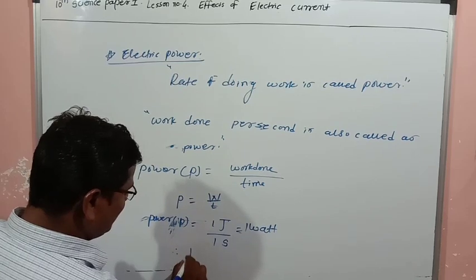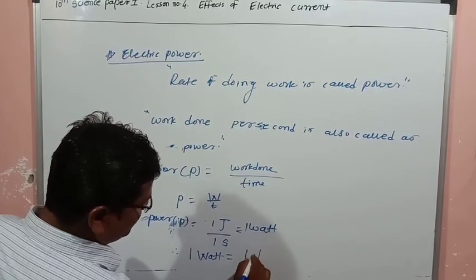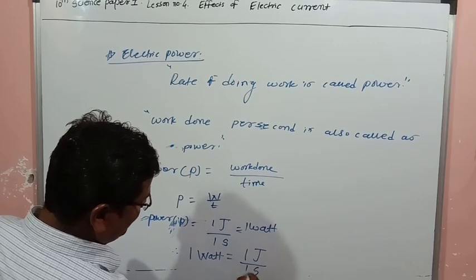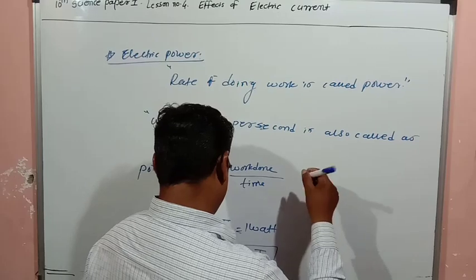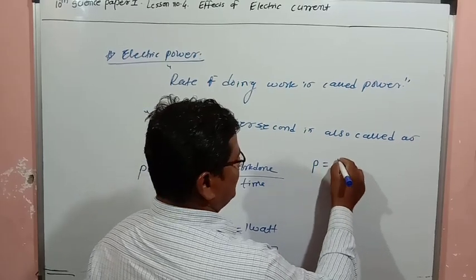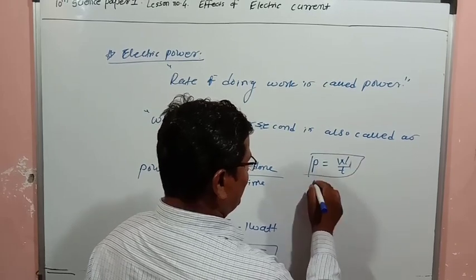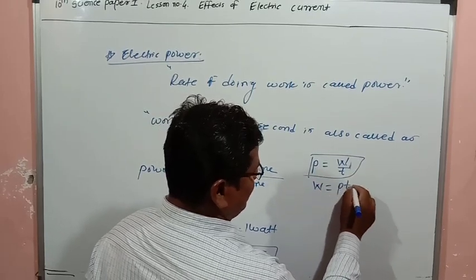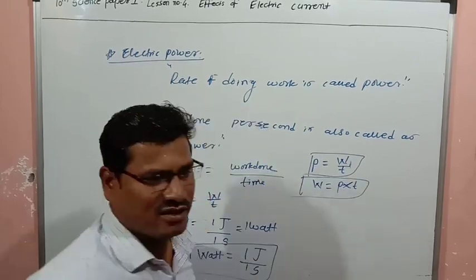So 1 watt is equal to 1 joule upon 1 second. This one you have to remember, or W is equal to P into T. These relations we have to use.